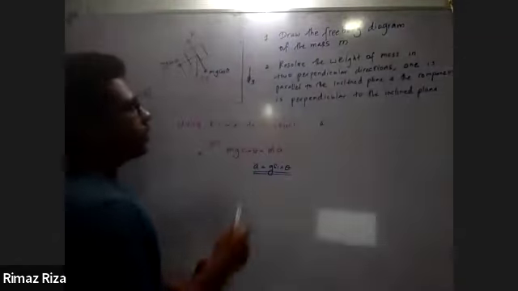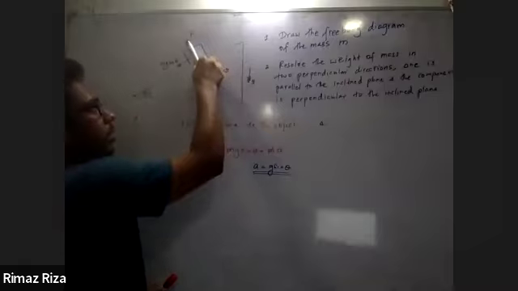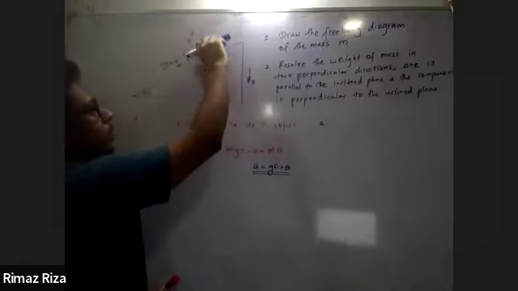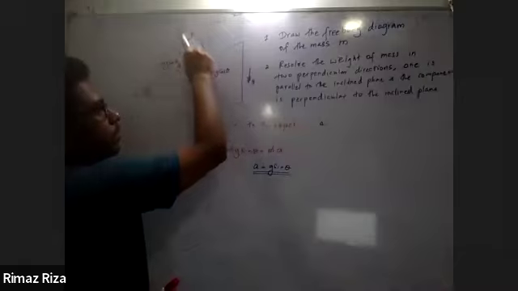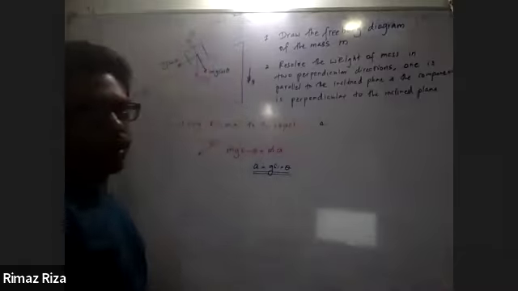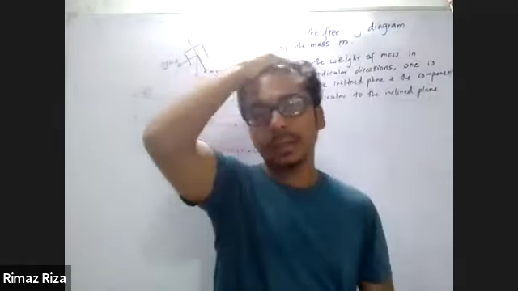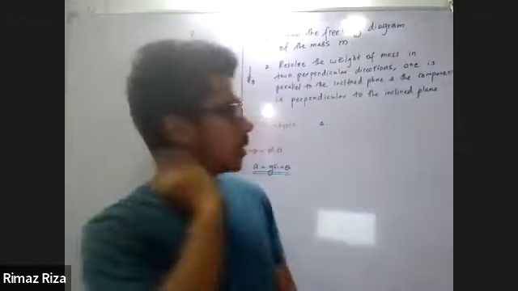Okay, so it's simple. If you consider the direction perpendicular to the plane, in this direction there is no motion. The object is moving in this direction, but there is no movement in a direction perpendicular to the plane. So according to Newton's first law, the force has to be balanced.